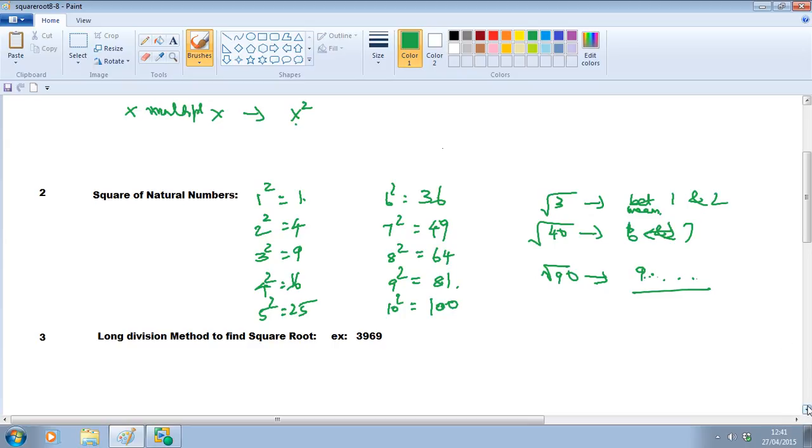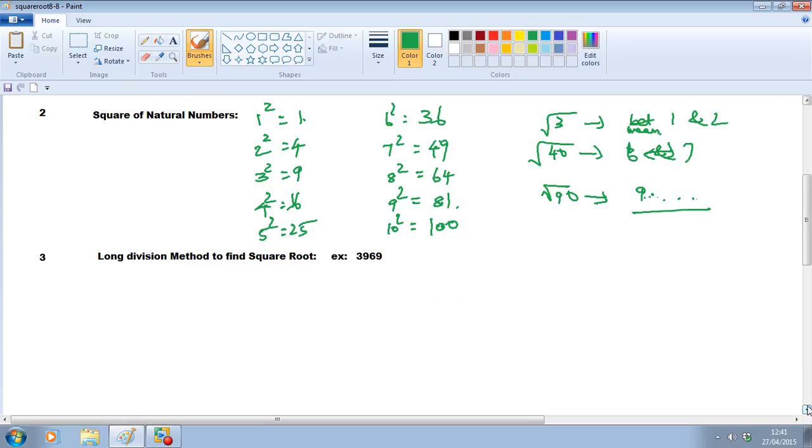Next problem. Long division method. Some big numbers are there. What is the best way of finding the root? You find out which number it is divisible by.